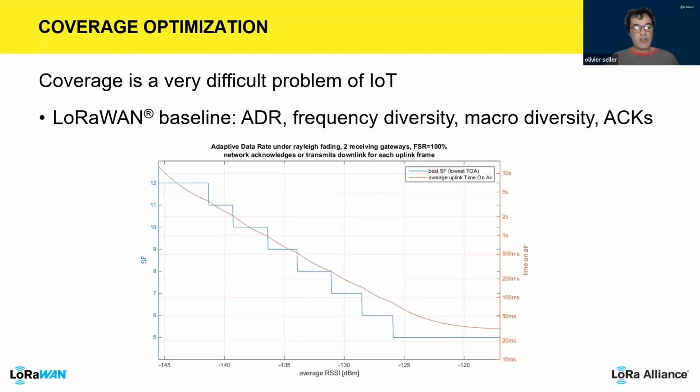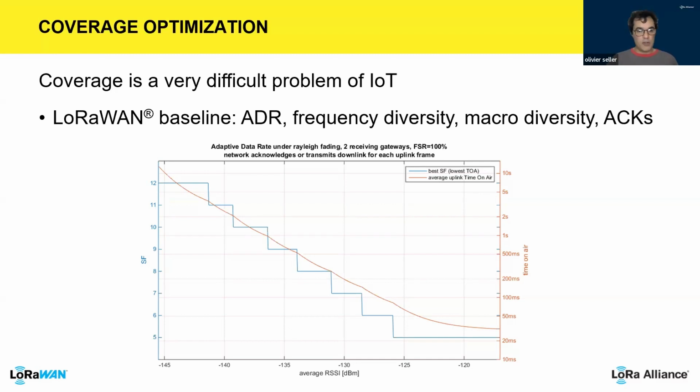So here's an example of proper use of all these levers. This is an example where the channel propagation is non-line of sight, meaning that it results in Rayleigh fading, meaning huge variation in the signal power.